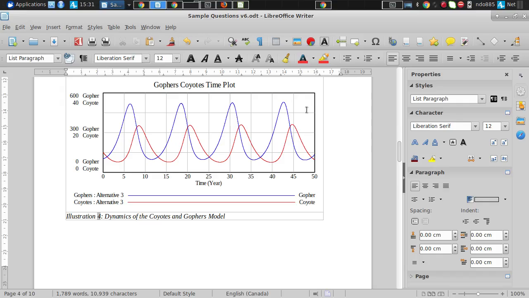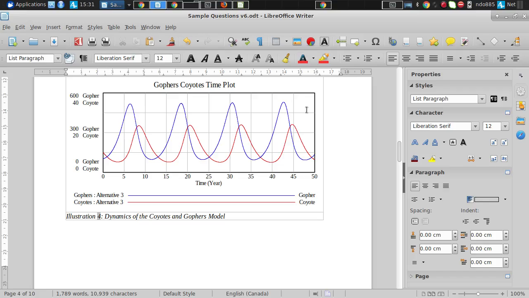And ladies and gentlemen, the thing to avoid with those questions about number of equilibria is avoid getting stuck in the situation where you're only imagining the typical case, which is some gophers and some coyotes.